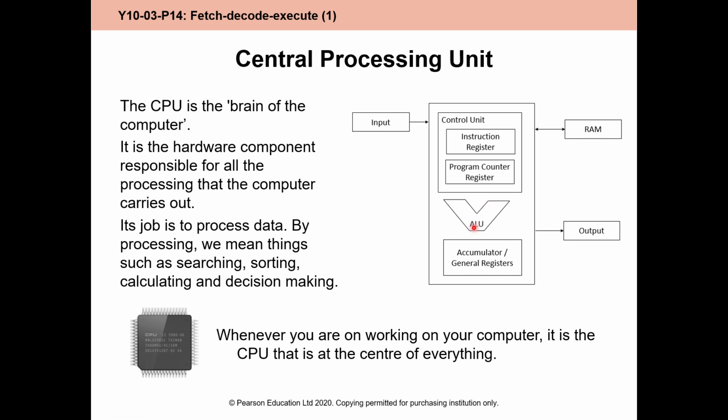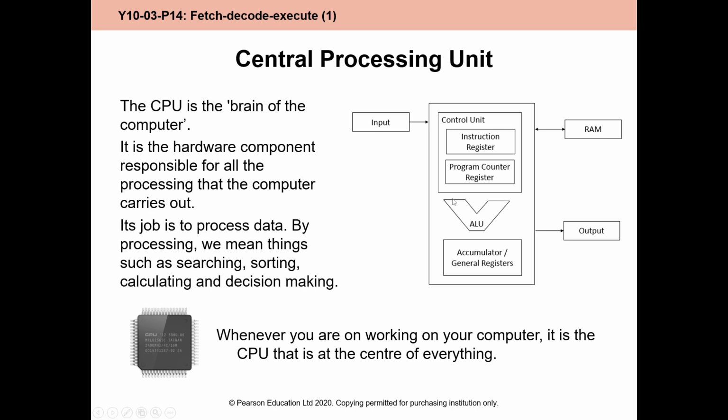It can add them. 1 plus 3 is 4, so 4 will get saved in the accumulator. Or it can subtract them and say 1 minus 3 is minus 2, and it will store minus 2 in the accumulator. Or it might be able to multiply them, or it might be able to compare them, or it might be able to bit shift them. All sorts of different arithmetic, maths, logic, comparing, manipulating, operations on the 2 bits of data that come in.